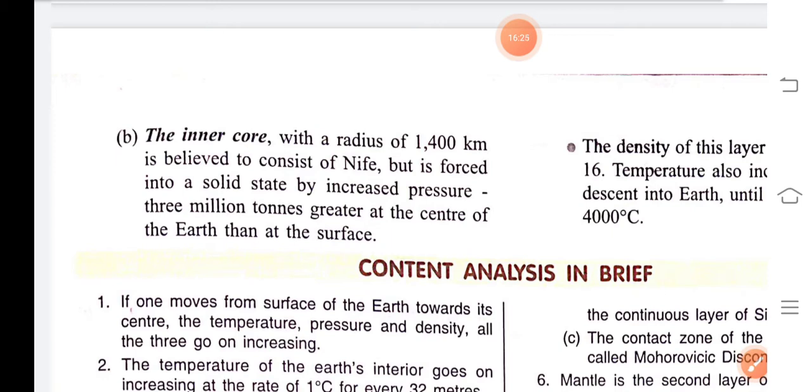The inner core has a radius of 1400 kilometers. It is believed to consist of Nife. Nife is nickel and ferrum. Ferrum means iron, but it is forced into a solid state by increased pressure. So if pressure is increased, the thing which is in molten state becomes solid.